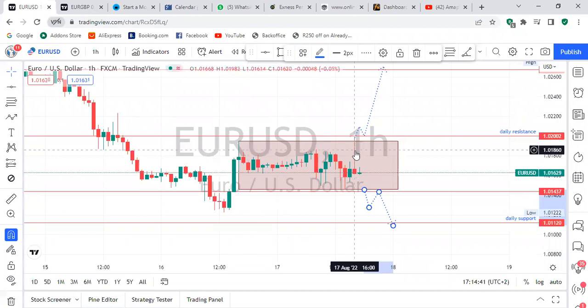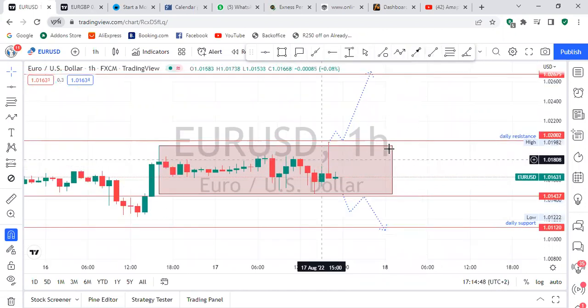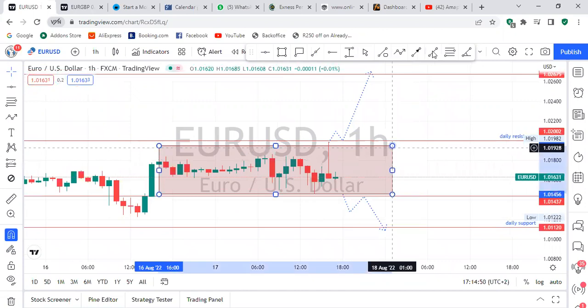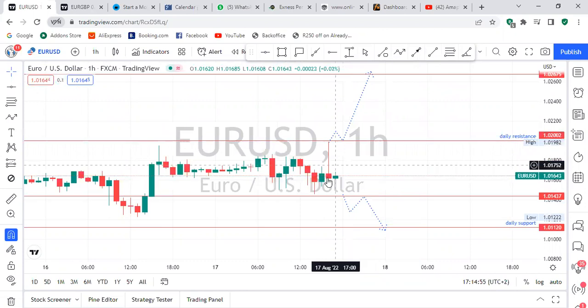But looking at this week now, this candle here, who knows what this candle is? Kindly indicate. I sent you guys the candlestick Bible. So who knows what this candle is? Kindly indicate for me if you know. If you do not know, it's also fine. It's not a crime.